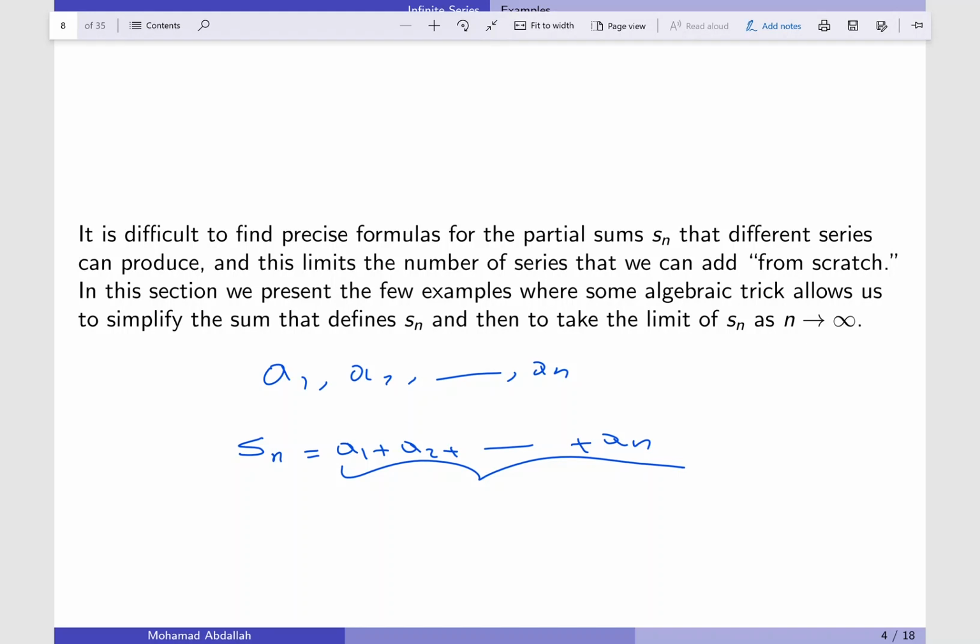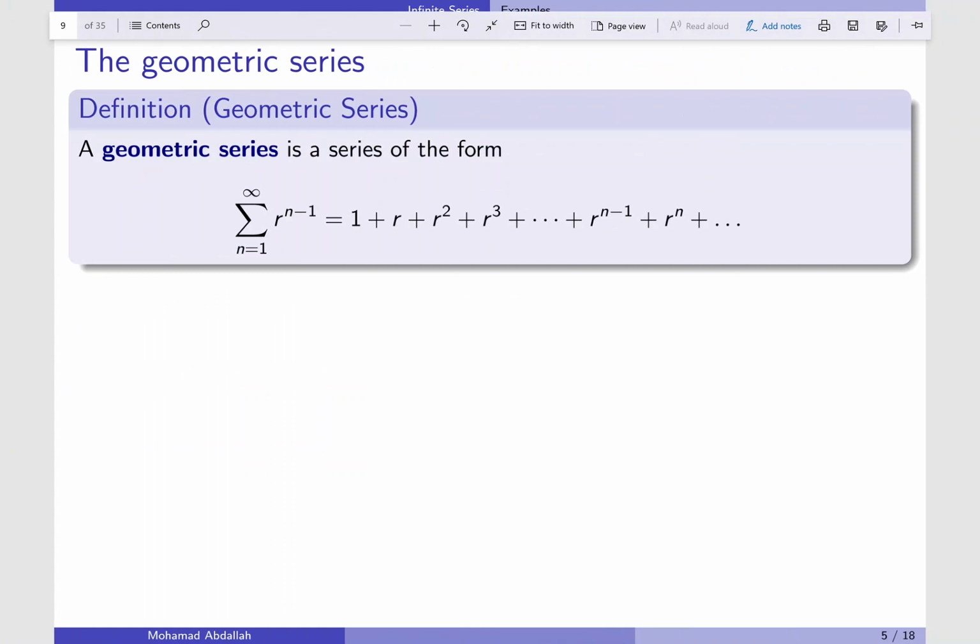The first case that we will discuss here is called the geometric series, and this is related to the geometric sequence. A geometric series is a series of the following form: summation from n equals 1 to infinity of a times r to the power n minus 1.